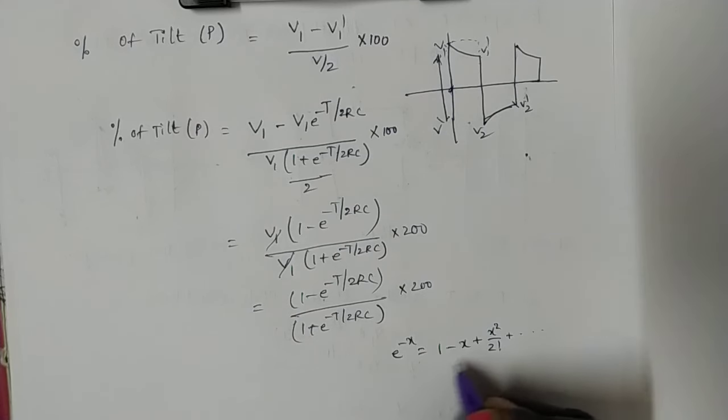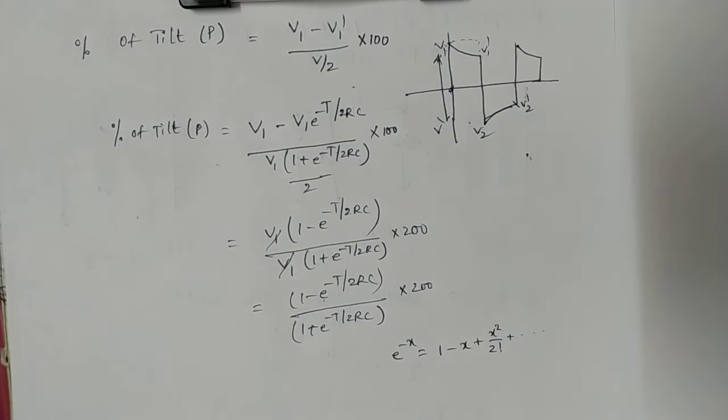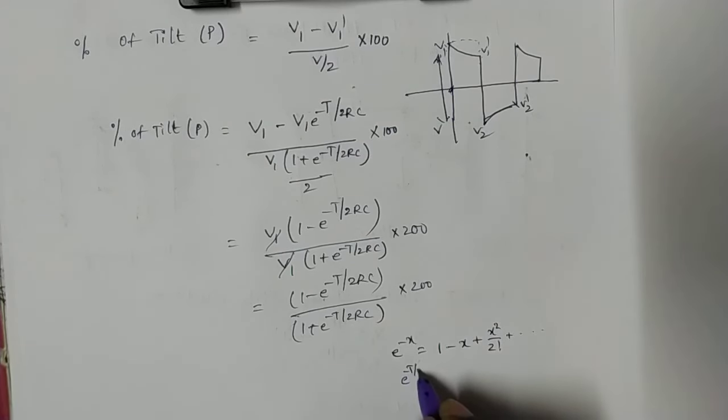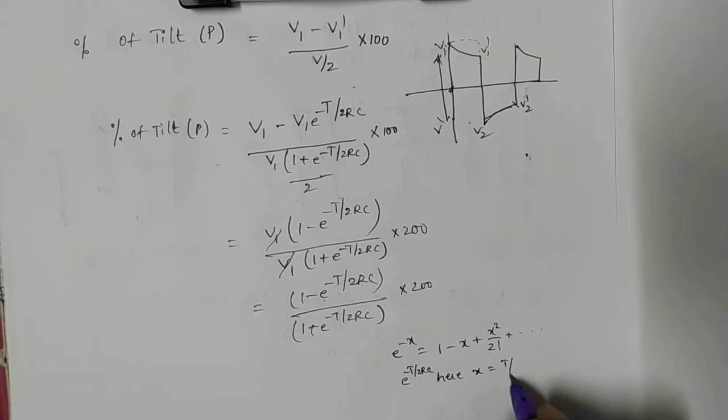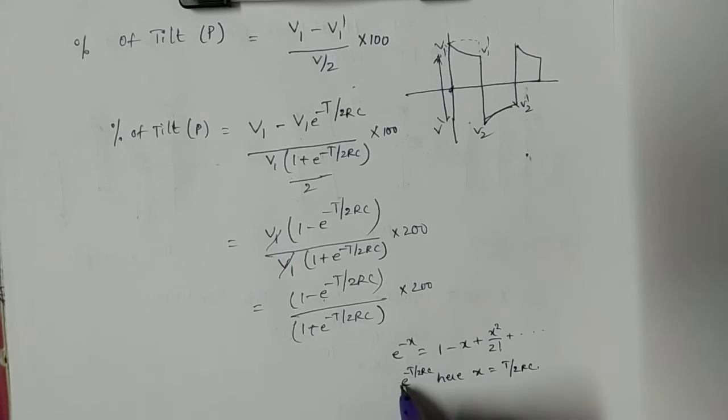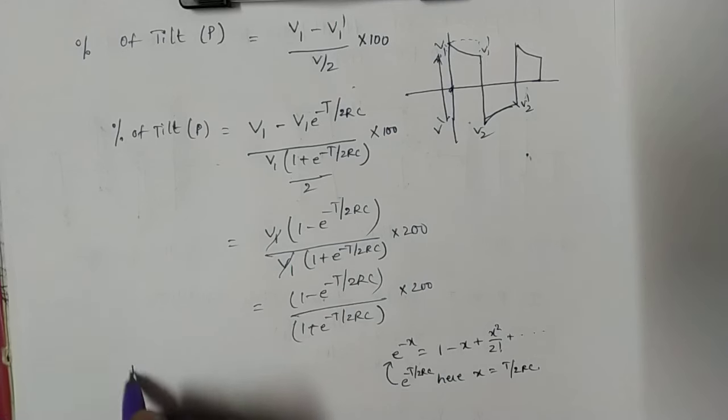Here we will take only the first two terms, and all the higher order terms will be neglected. So here, in e power of minus t by 2RC, x equals t by 2RC. Substitute in this formula and expand this one.